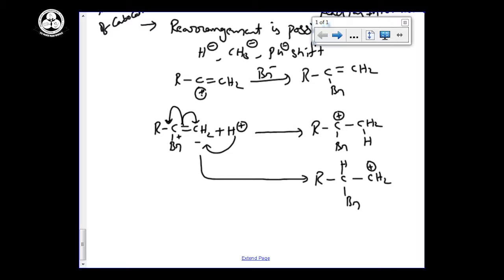If you shift to the left side, this carbon is minus and this carbon is plus, so minus can take the plus, and the hydrogen will be attached here. Now you can get the answer like this. Now this is a primary carbocation and this is a secondary carbocation, so this is more stable. Already we know the stability of carbocation: 3 degree, 2 degree and 1 degree.